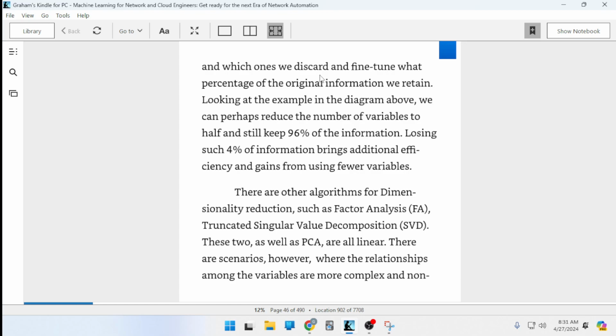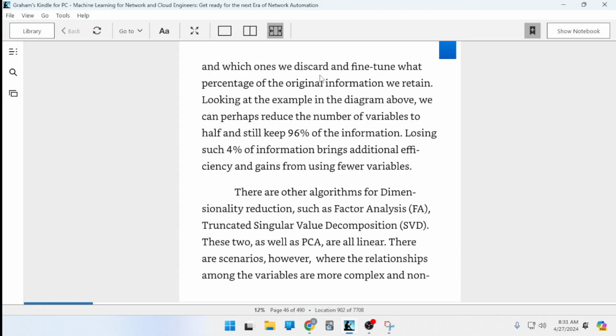All right. So there are other algorithms for dimensionality reduction, such as factor analysis, truncated singular value decomposition. So those are the two we're going to focus on.